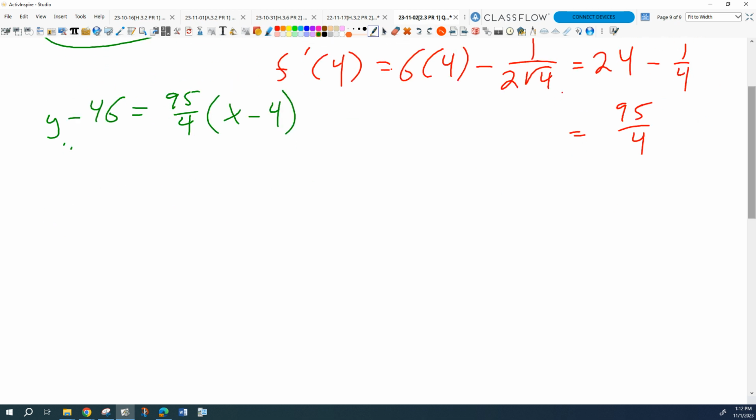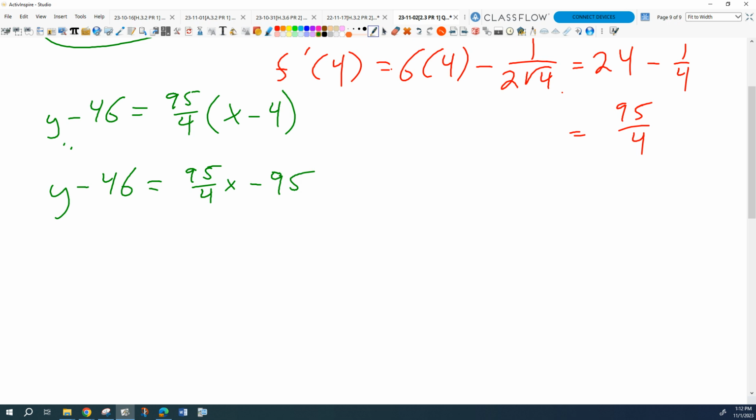Okay, and then it would just be a matter of just a little simple algebra. So y minus 46. What do I get when I distribute the 95 fourths? Minus 95. Good. Last step. Add 46. Good.